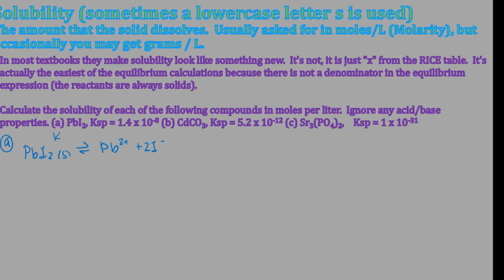And so my Ksp for that will be equal to lead times iodide squared. And it says that the Ksp is equal to 1.4 times 10 to the negative 8.